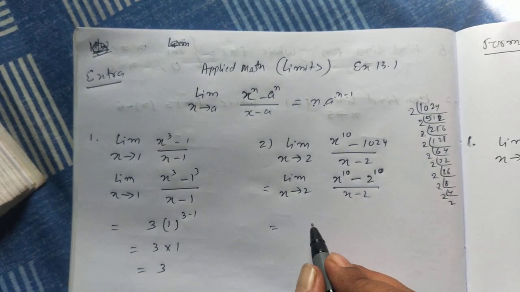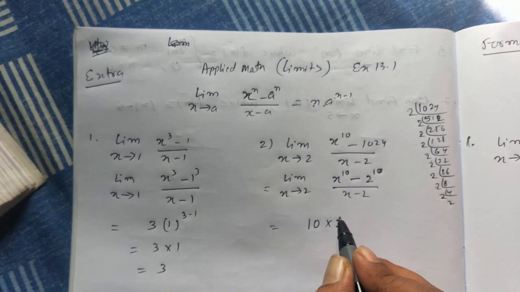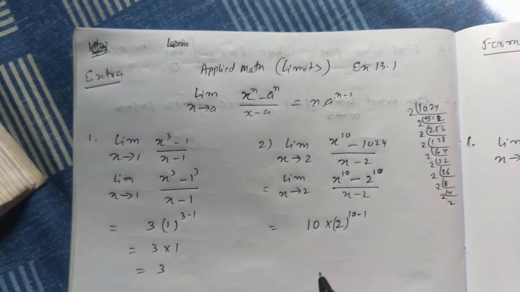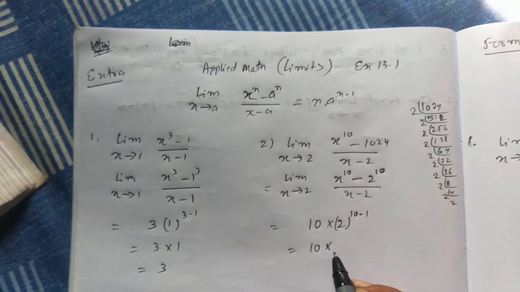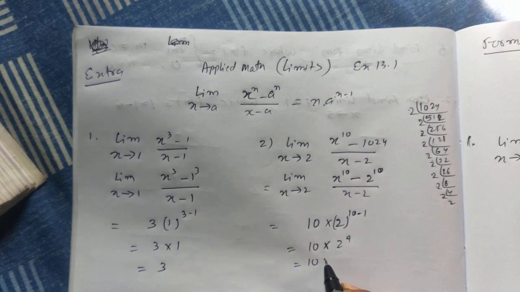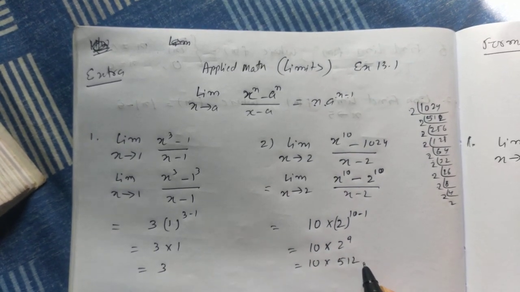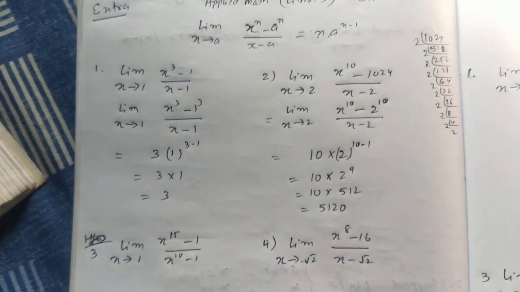So the formula will be n, that means power is 10, 2 power 10 minus 1. So 10 into 2 power 9. 2 power 9 is 512. It will become 5120. Clear?